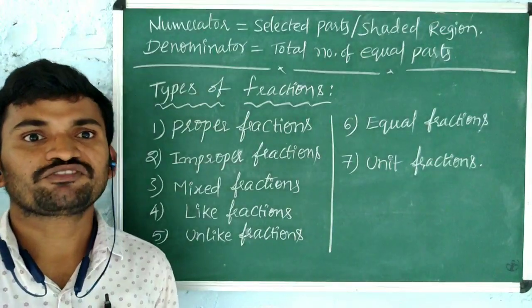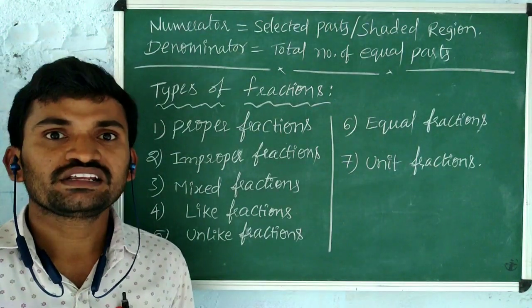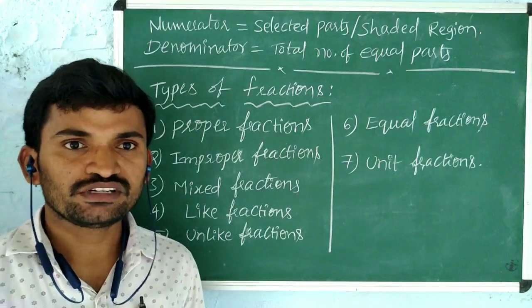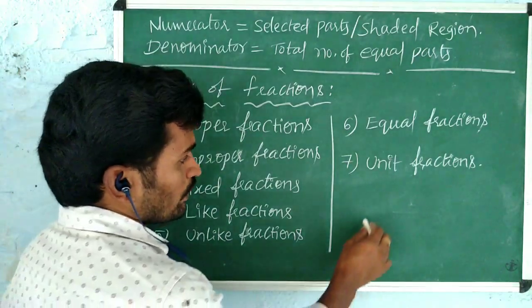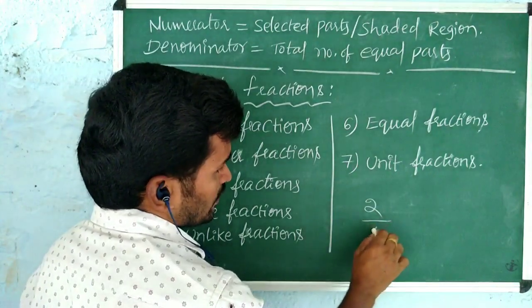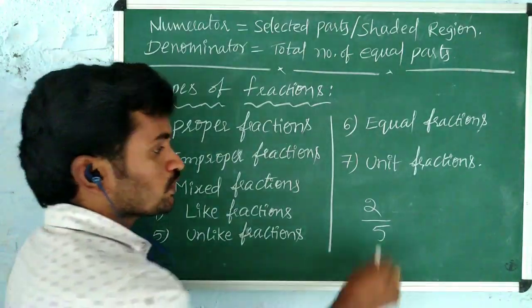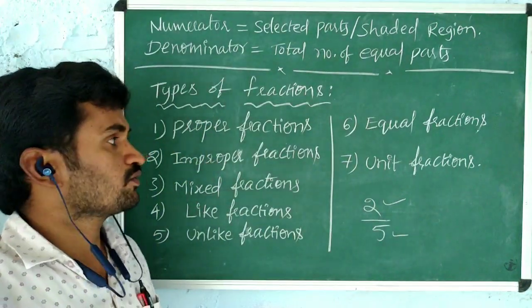Proper fraction means the numerator is less than the denominator. One example, 2 divided by 5. Here 2 is less than 5.